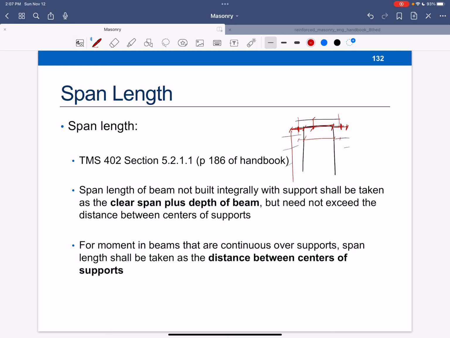Don't worry too much about this. This is something you can go into if you're doing this in practice. It'll just depend on the exact situation you have. For this class, I'm going to give you what length to use, okay? So TMS is section 5.2.1.1, or you can take a look at this on page 186 of the handbook.